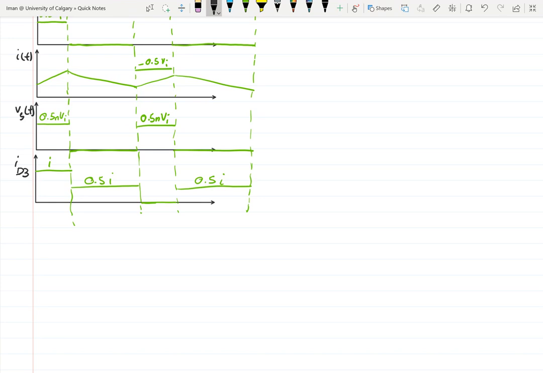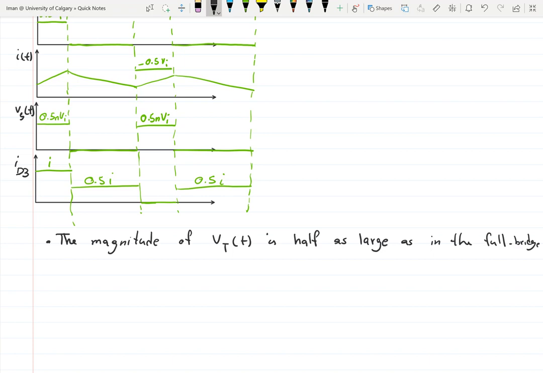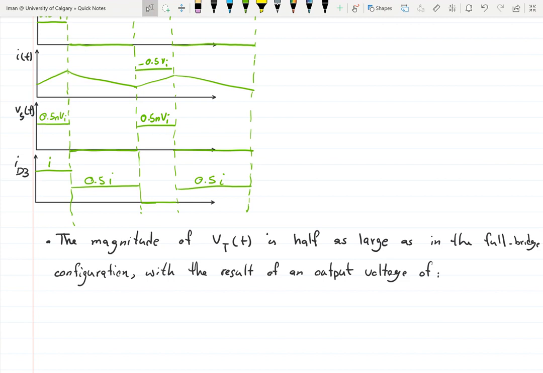Okay, so one important thing to know about this is that the magnitude of Vt of t, which is the transformer voltage, is half as large as in the full bridge configuration, with the result of an output voltage of Vout equal to half of NVI.